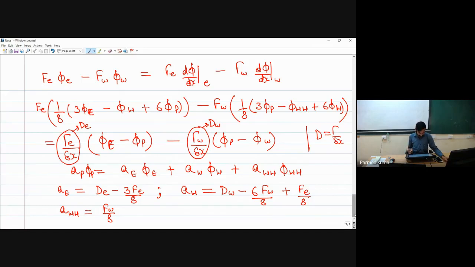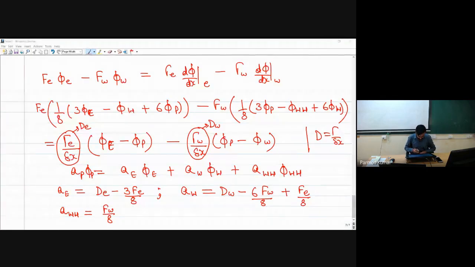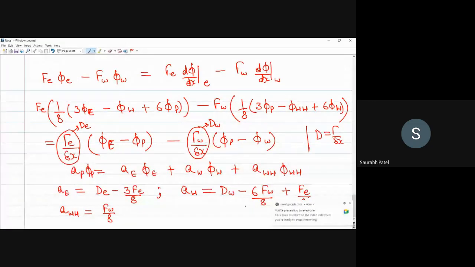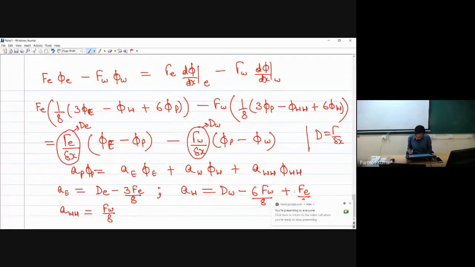Others, please see if you have got the same coefficients for AE, AW and AWW. Sir, in AW, plus 6 FW by 8. And what about FE?